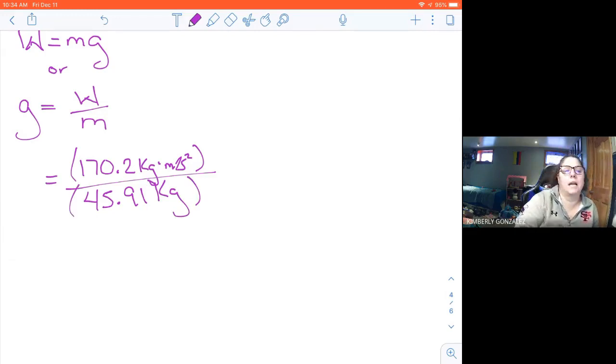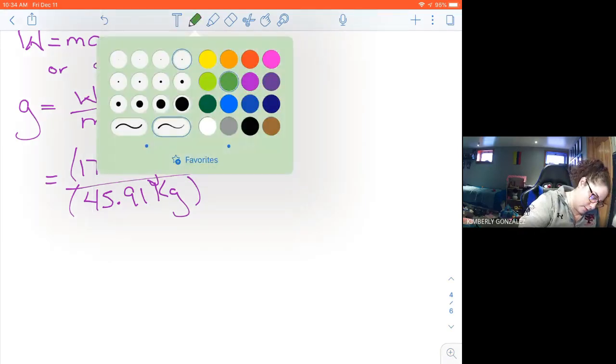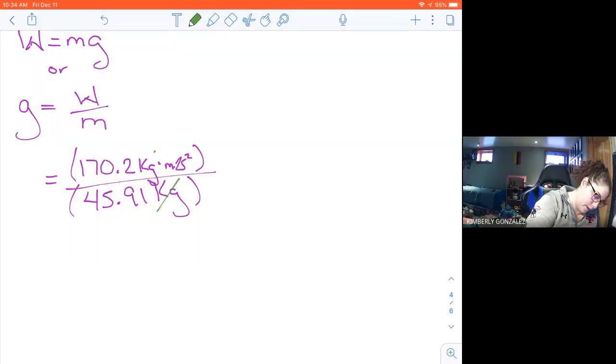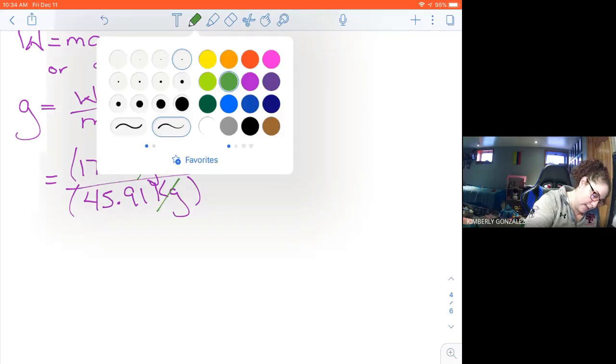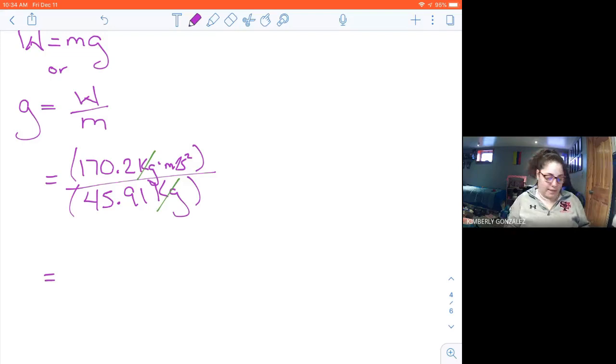If this is not in kilograms, the units do not cancel, and you are not left with the correct units. You want your units to cancel so that your gravity is in meters per second squared.